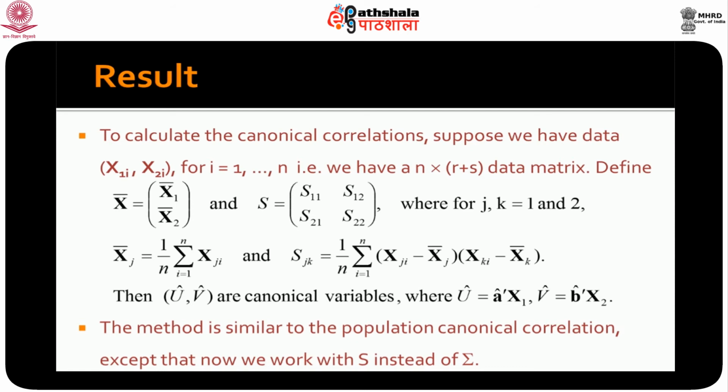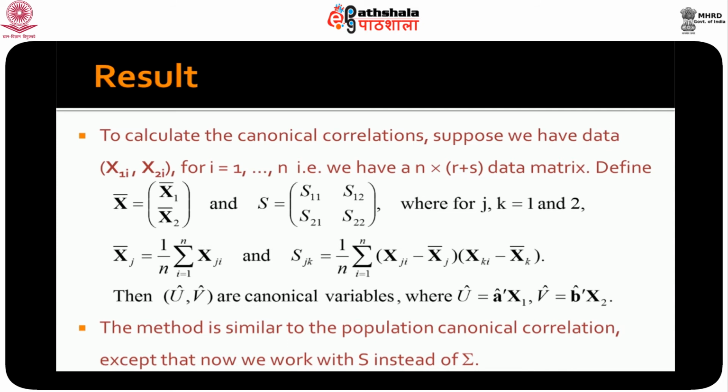So we have what looks like an n by r plus s dimensional data matrix. And from this data matrix we can calculate x bar, which would be x1 bar of dimension r and x2 bar of dimension s, so that x bar has a dimension of r plus s. We can also calculate the sample covariance matrix as S, which is S11, S12, S21 and S22, where these are the usual variance covariances obtained from the samples.